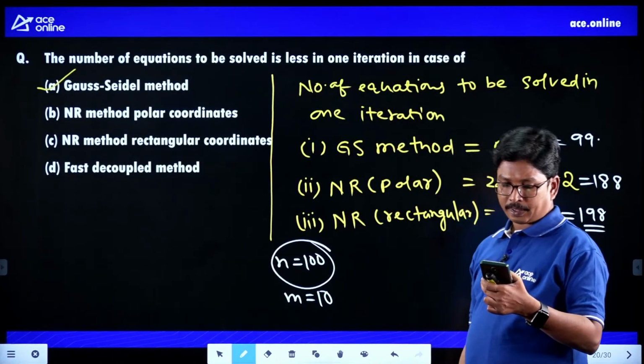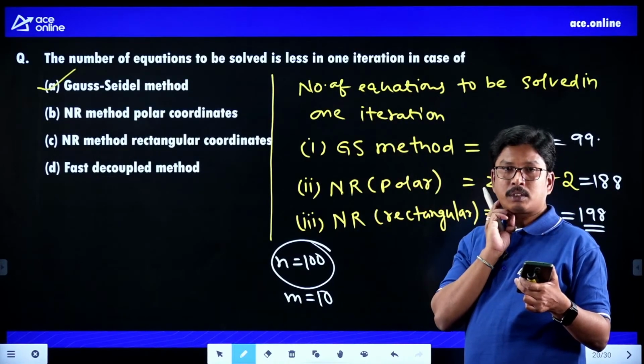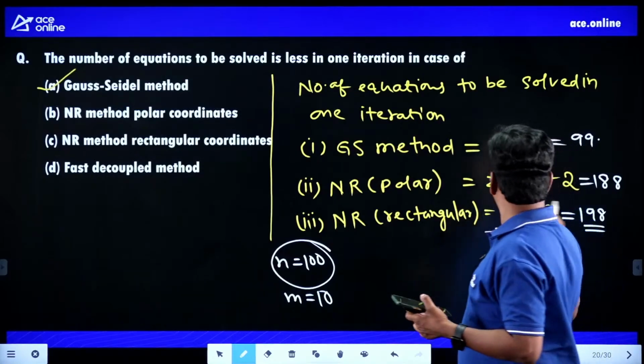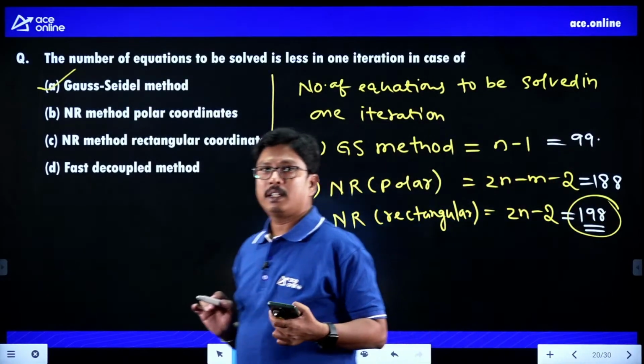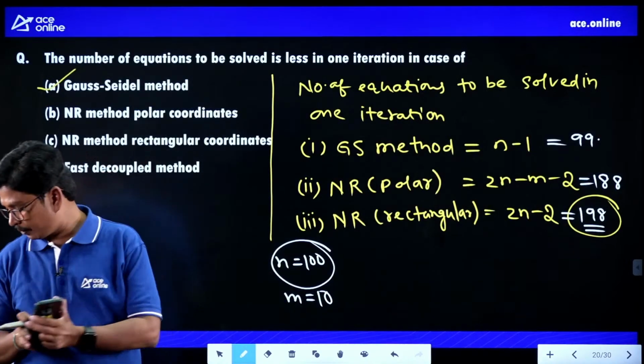Dilip, Satya, tell me, the highest possible number of equations to be solved in one iteration, where are you solving that? Yes. That will be in the Newton-Raphson method, polar coordinates. NR method, polar coordinates.